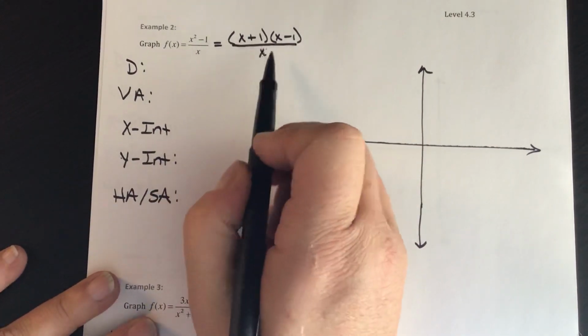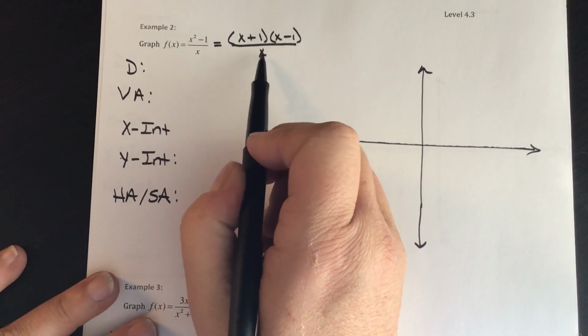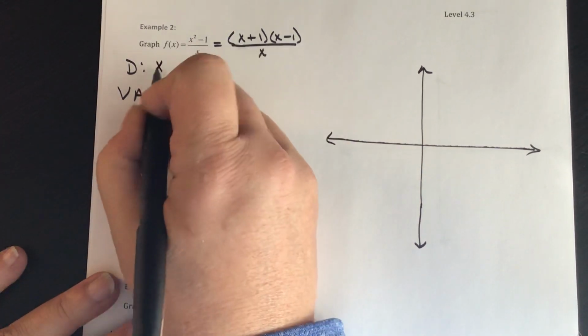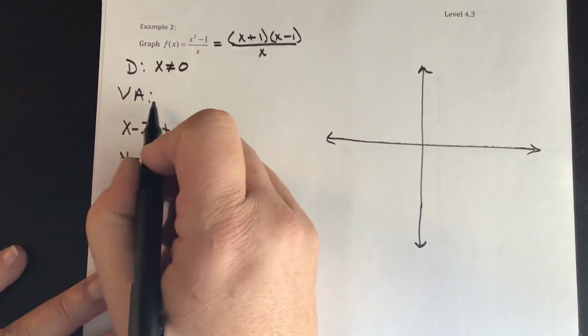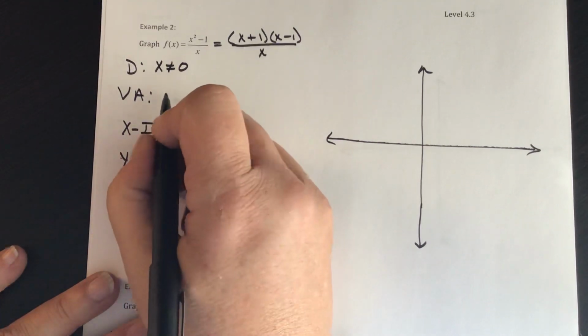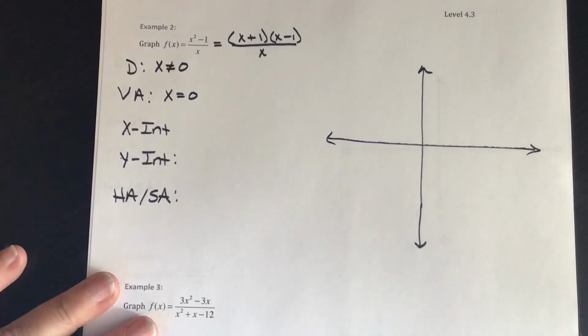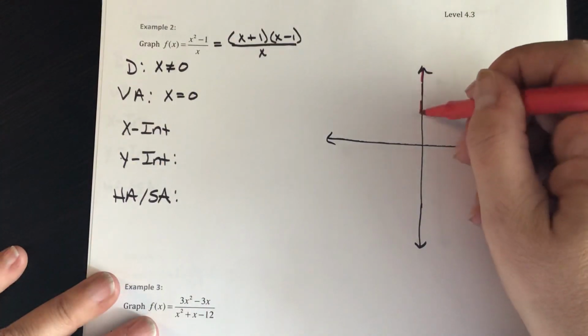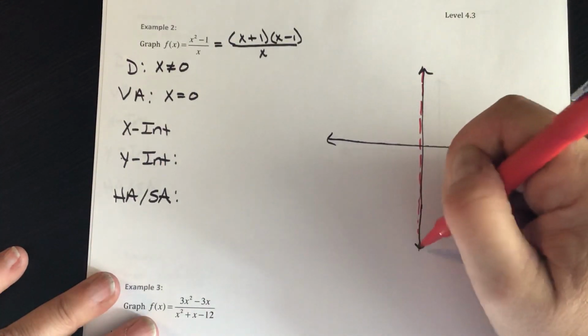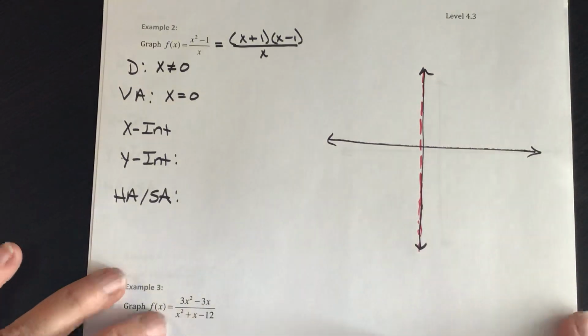Because I have just a single x on the bottom, I know that x cannot equal 0, which tells me I have a vertical asymptote at the line x equals 0, which is our y-axis. So here's my vertical asymptote.